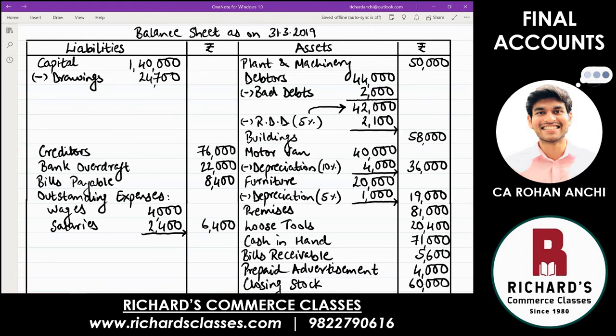That's right. 2,100 is the value of RDD. And now you can take the figure to the outer column. So deduct 42,000 minus 2,100. How much is that? 39,900.